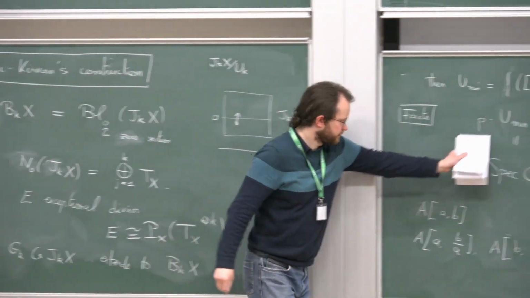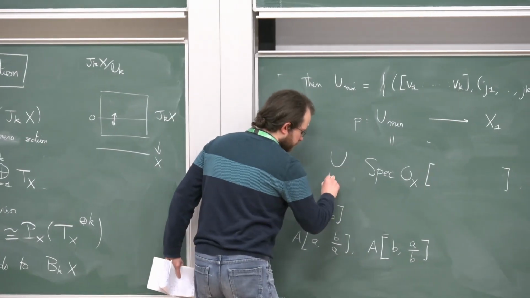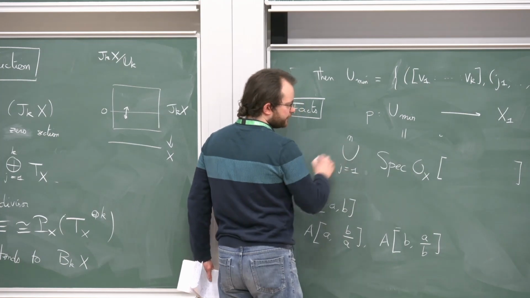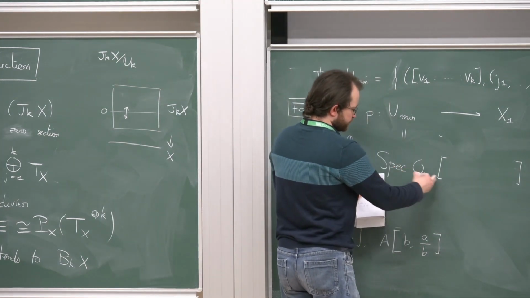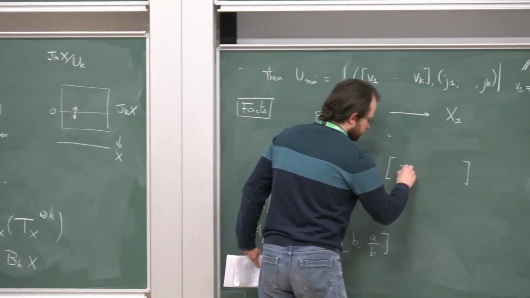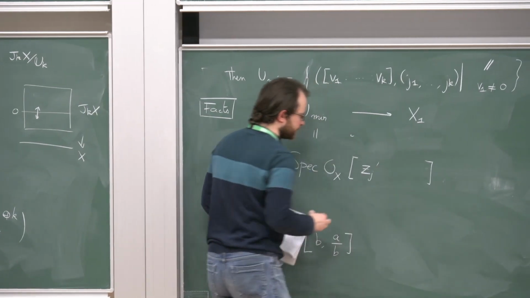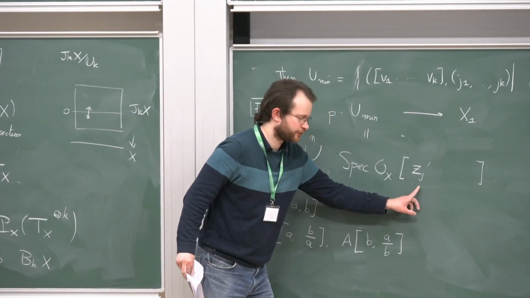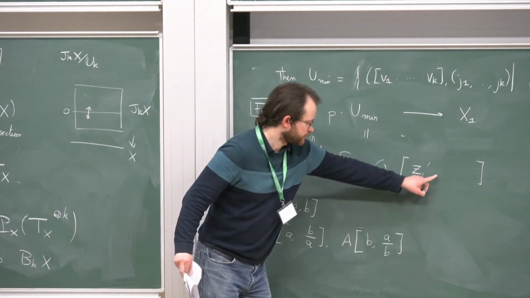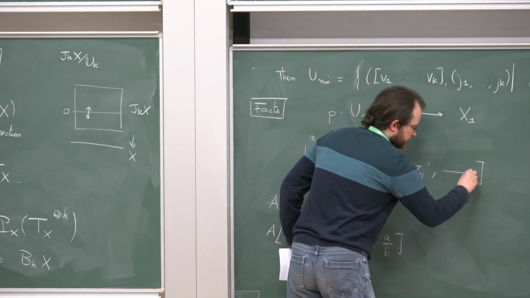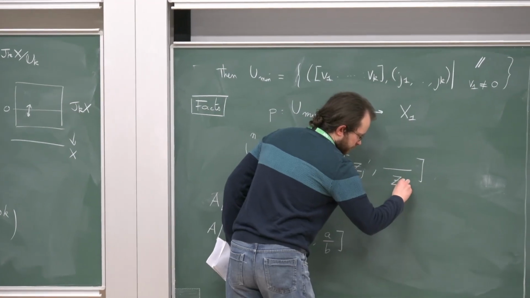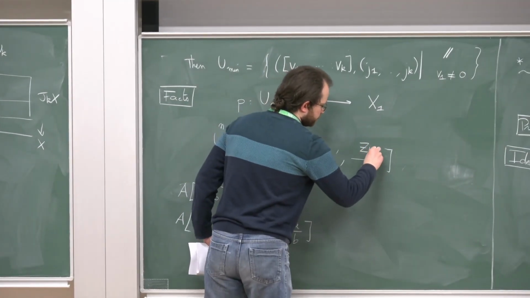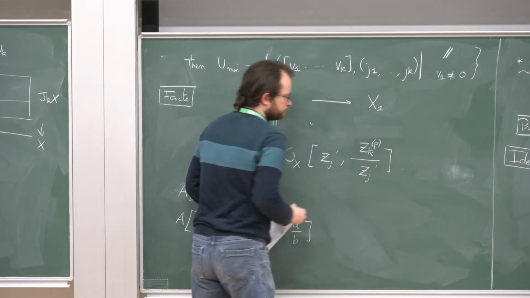So this will turn out to give the union from j going from 1 to n of the spectra of the algebras, where you take as the coordinate giving the exceptional divisor Zj prime, and for the rest you put rational expressions with denominators given by Zj prime, and on top you use the standard coordinates.